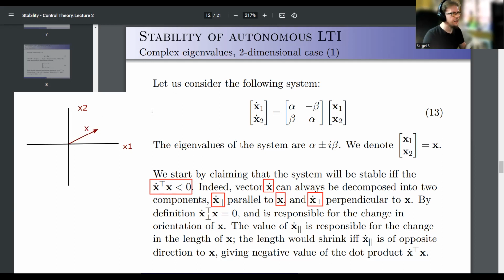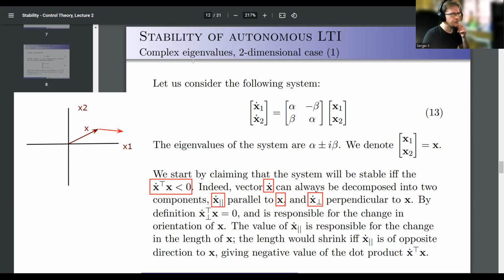Okay. And let's say we have our x dot to be equal to something like this. Okay, this is x dot. So x dot can be decomposed into two parts, as I said. One is parallel to x. Maybe just for simplicity, let me show x dot as pointing kind of like this, so it will be a little bit easier to draw.